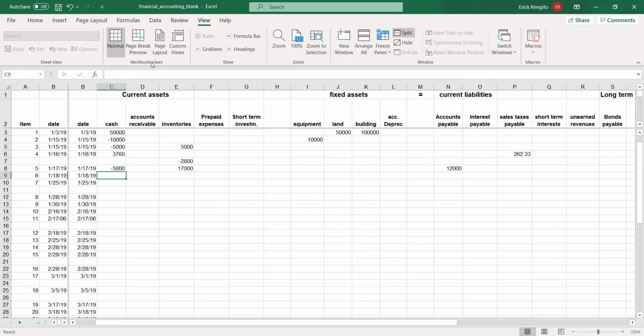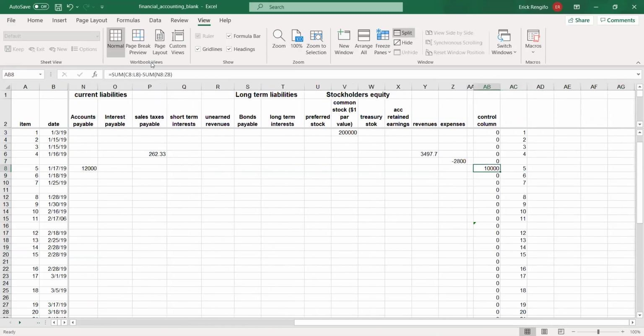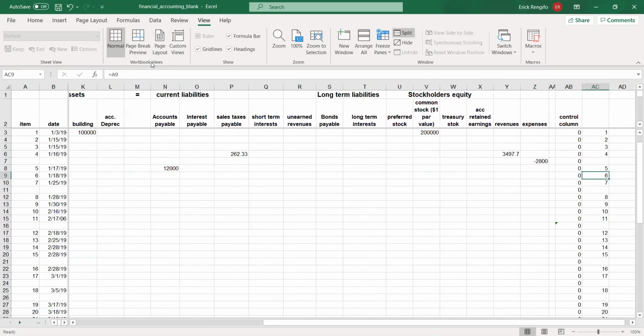So imagine, guys, that I made a mistake here. If you go to your control column, you're going to have a 10,000 positive here. So immediately you need to realize there is something wrong here. What is wrong is that I forgot to put the minus 5,000 here. And then we have the control equal to 0.